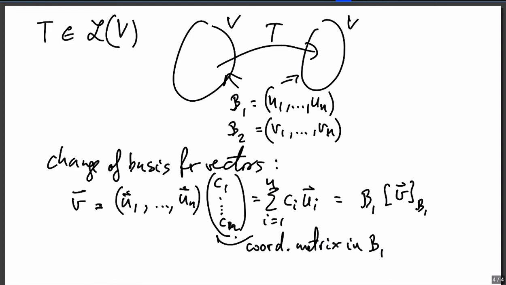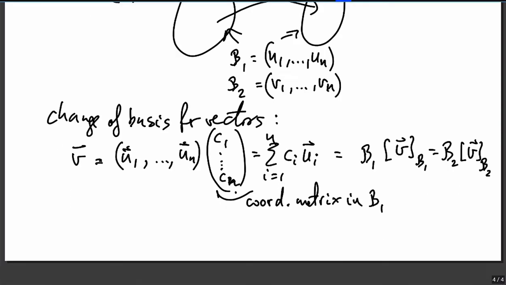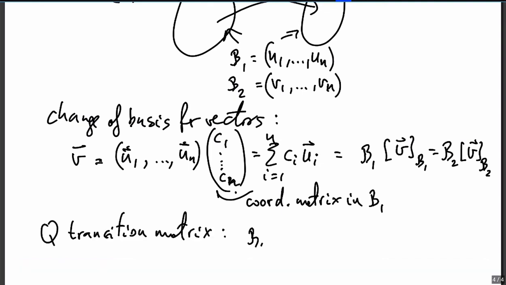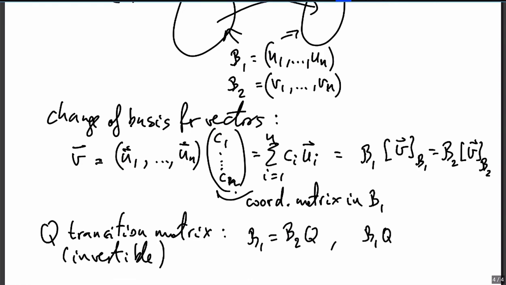We can do the same thing with expansion in B2, so then we also get B2 basis times the coordinate matrix of the same vector in B2. Then for two bases, we had a transition matrix such that B1 equals B2 times Q, or if you invert, it's invertible, of course, if you have a basis. Then we can also write this as B1 Q inverse equals B2.